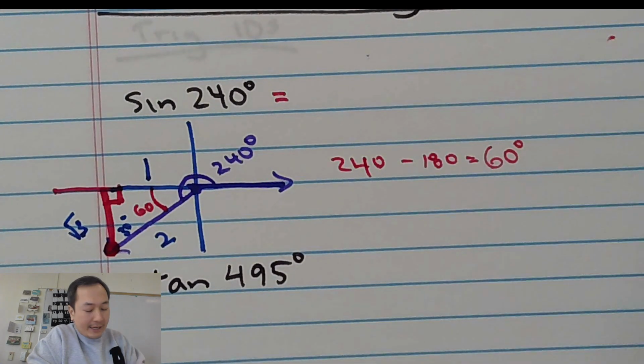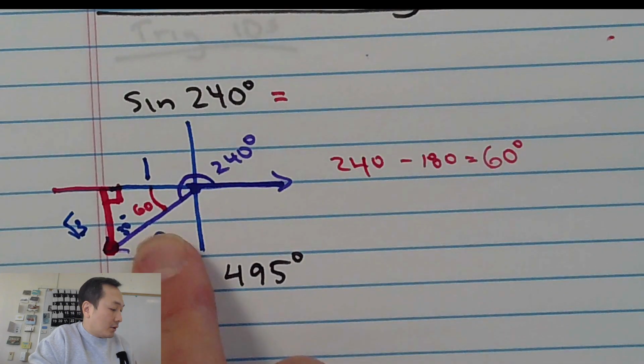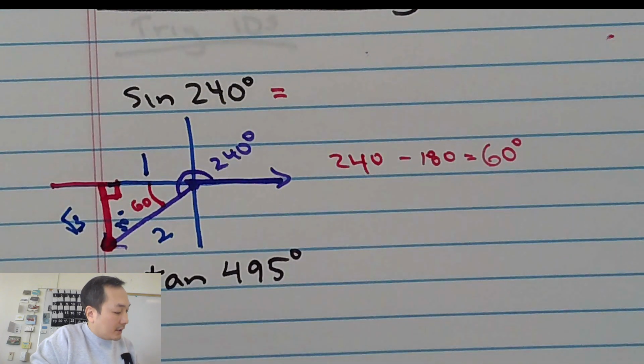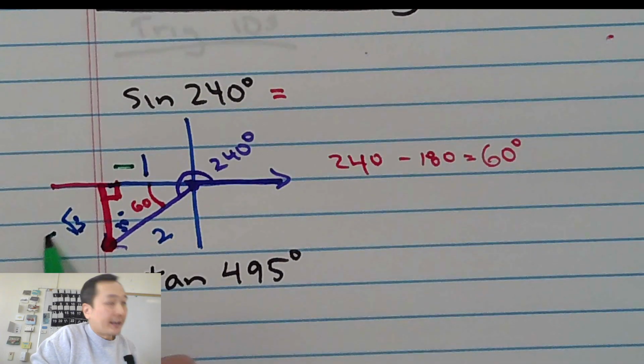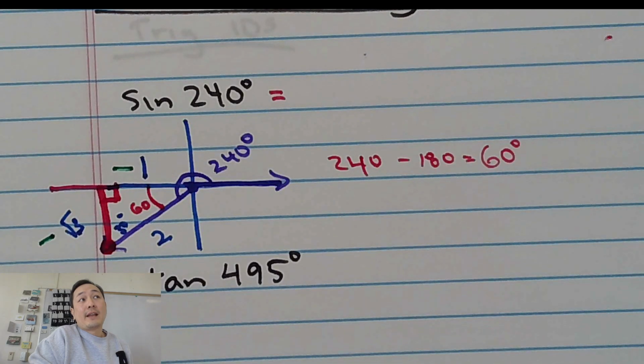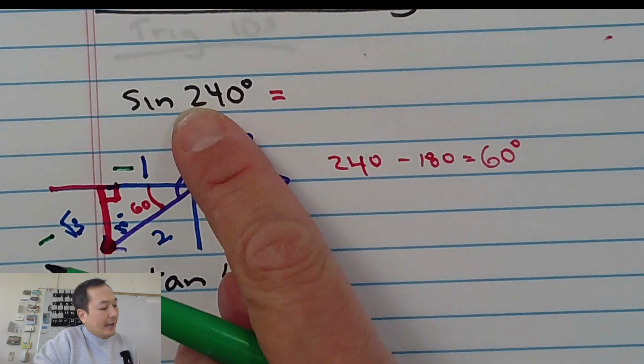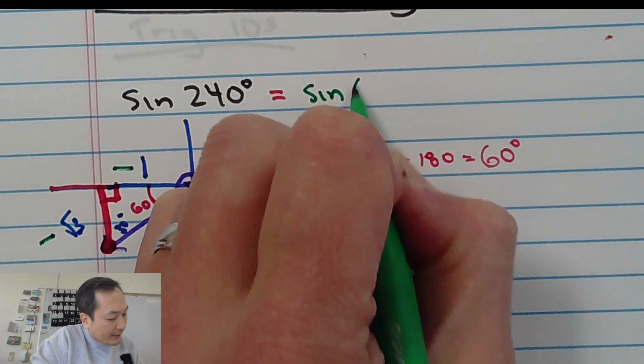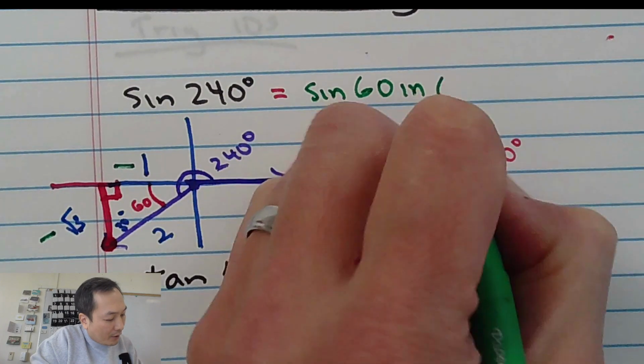But since I am in my third quadrant, which my x and my y are both negatives, this is negative and this is negative. Understand that? So in order to get the sine of 240, that's going to equal the sine of 60 in my quadrant 3.